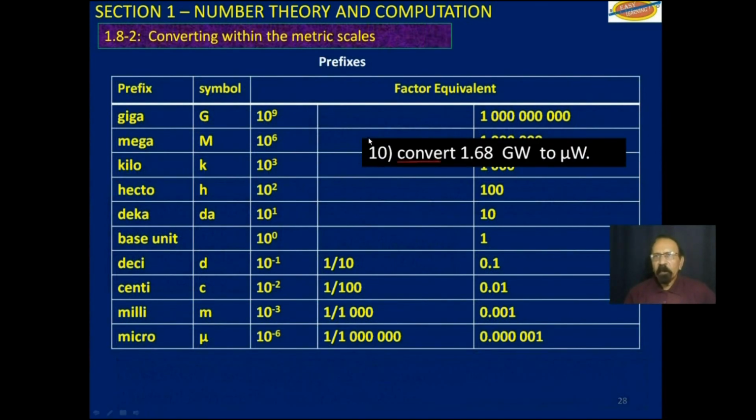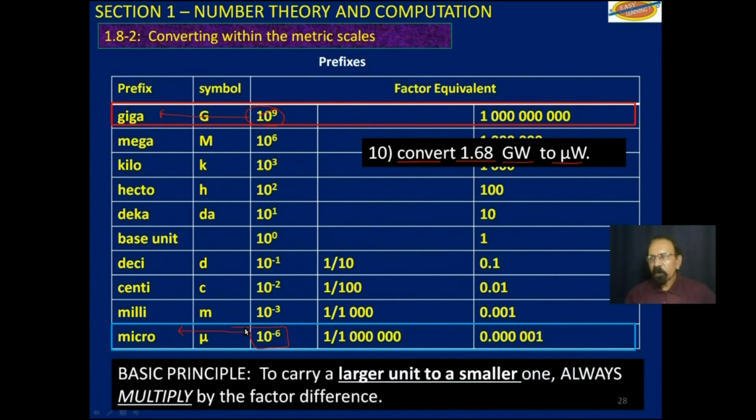10. Convert 1.68 gigawatt to microwatt. All right, where are we? We are here, gigawatts, and we want to go to microwatts, that is way down here. You're carrying a larger to a smaller, you will have to multiply by the factor difference.